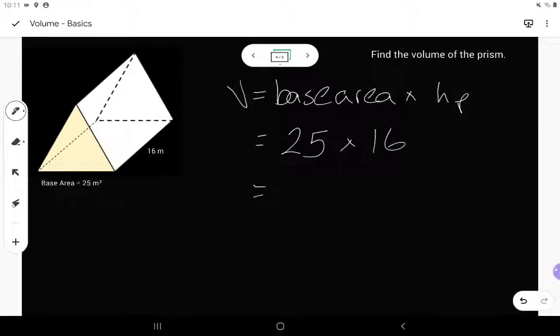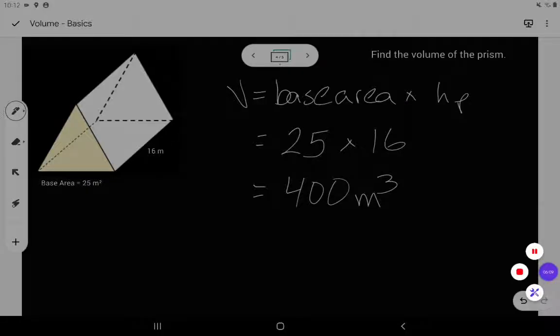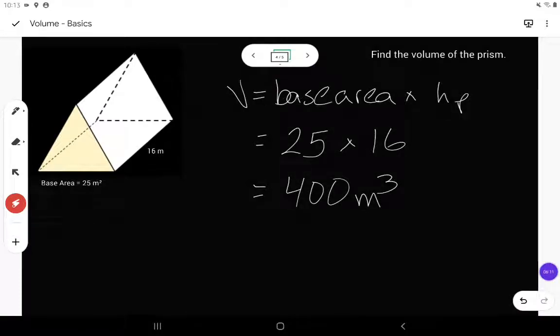And 25 times 16, I believe, is 400. Last thing I need to do is put on my units. So the units are meters, so I'm going to put it as meters cubed. And remember, that's because it is a 3-dimensional object, and we are looking at finding how much space it occupies in 3 dimensions. So the exponent on our units is that 3.